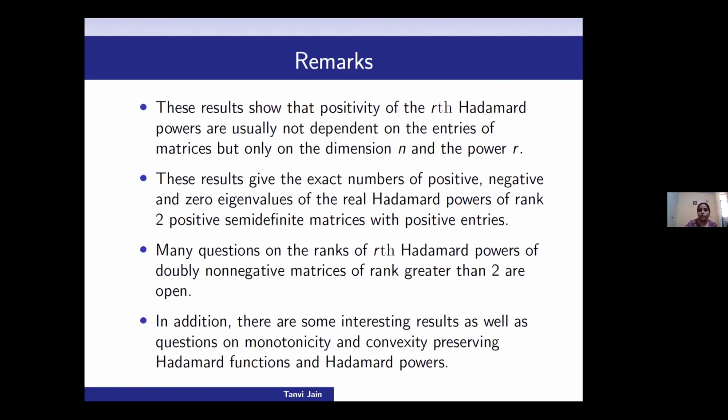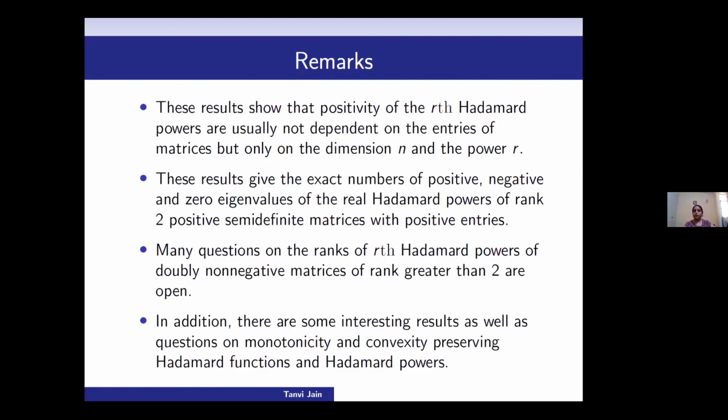Also, these give us nice results on ranks. We can actually fully characterize rank 2 matrices. We have studied rank 2 matrices with positive entries, not with non-negative entries. But rank 3 matrices are still a mystery to us. Similarly, even the rank questions are not solved for rank 3 matrices.